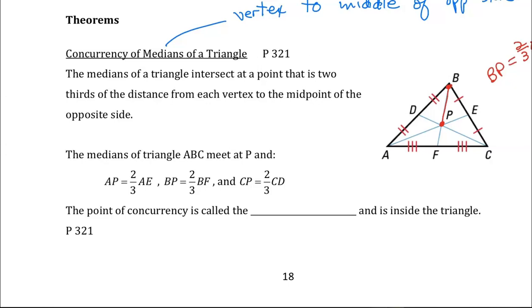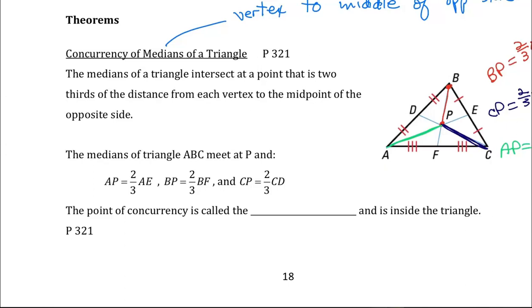We'll do another one in a different color. Let's do blue. From C to P, CP is going to be 2/3 of CD. And then let's do the last one. AP equals 2/3 of what?